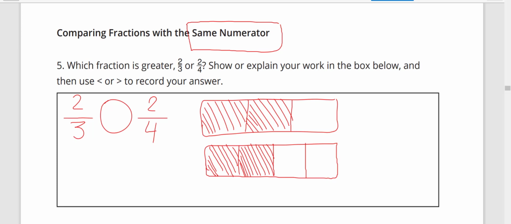We know that in the first model, these two parts are more than these two parts. So 2/3 is more than 2/4.